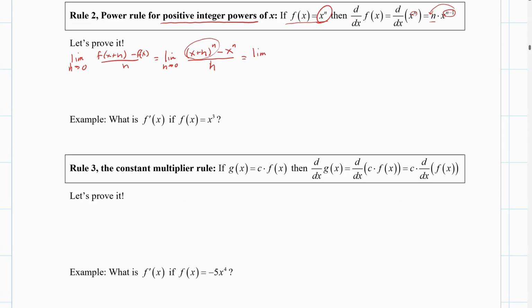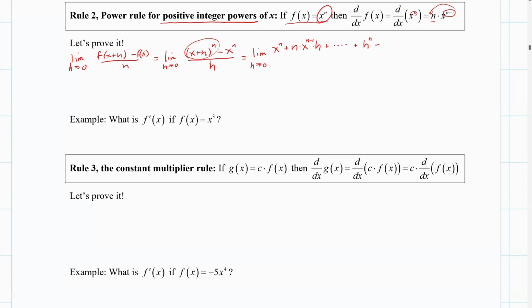Well, you may or may not have done in pre-calculus something called the binomial theorem. It says when you expand some binomial, like x plus h, to some power, the first term is x to the nth. The second term always ends up being n, x to the n minus 1 times h. And then there's a bunch of other terms until it finishes up with the last term, which is h to the nth. Okay, I'm not going into the binomial theorem here.